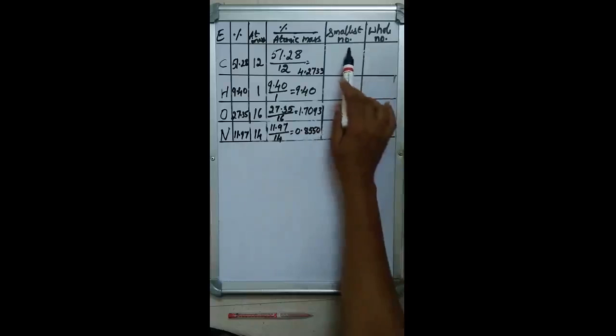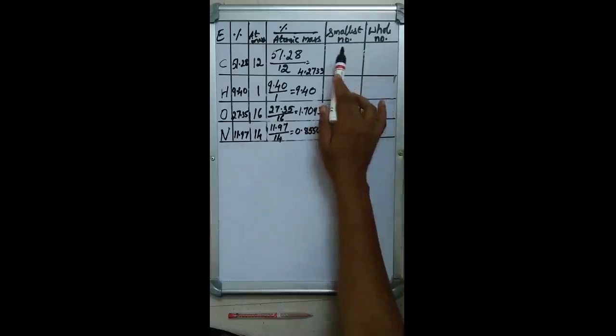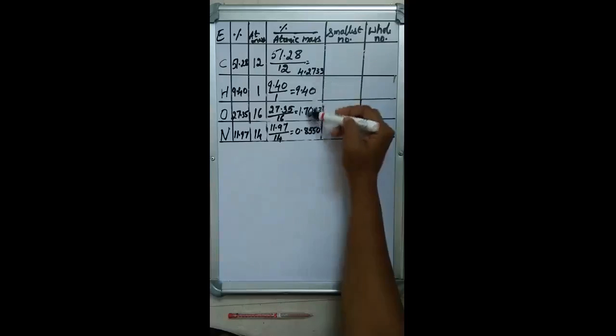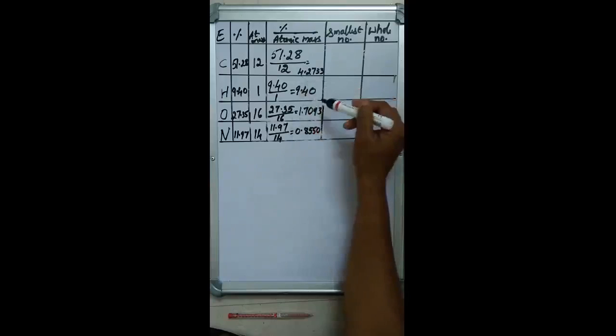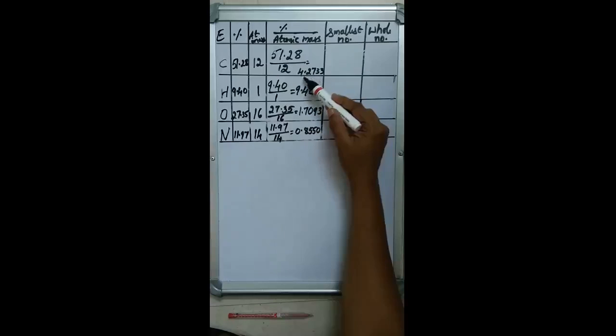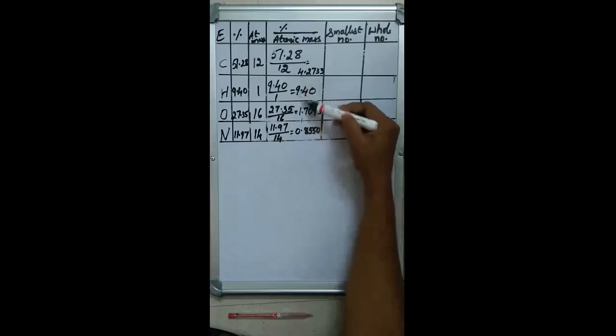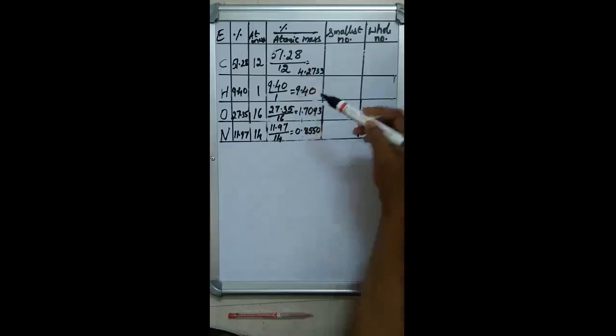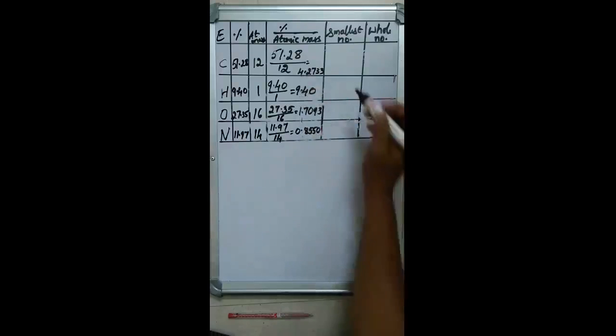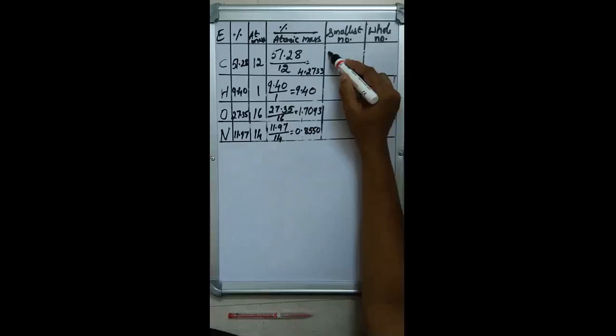Okay, now what is the next column? The next column is written as smallest number. That means out of the 4 values, you have to select the smallest number. So which one is the smallest number? See here. 0.855 is the smallest number. So what should you do?